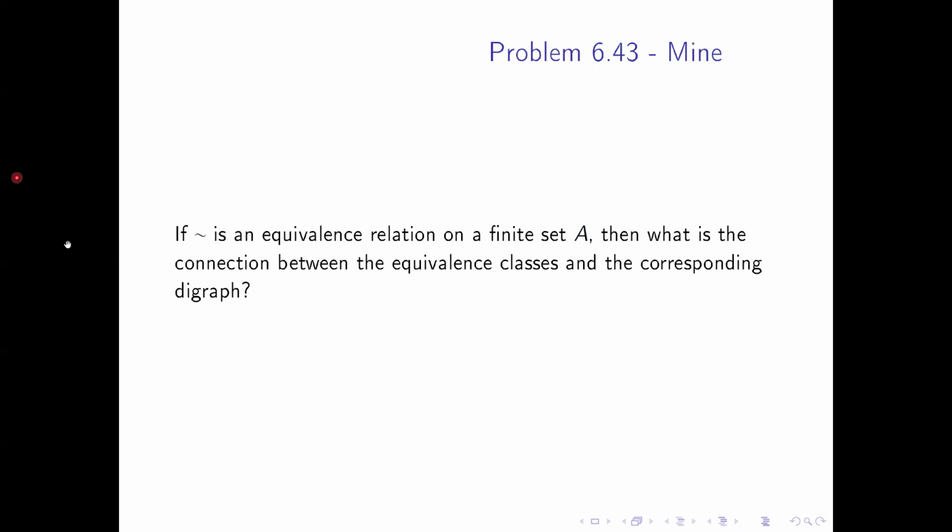So let's think about this for just a half a second. I have an equivalence class, and I actually kind of hinted at this. If you have an equivalence class, then they're all going to be connected in the digraph. They are all going to be connected and nothing else. This class and nothing else is going to be connected inside that digraph.